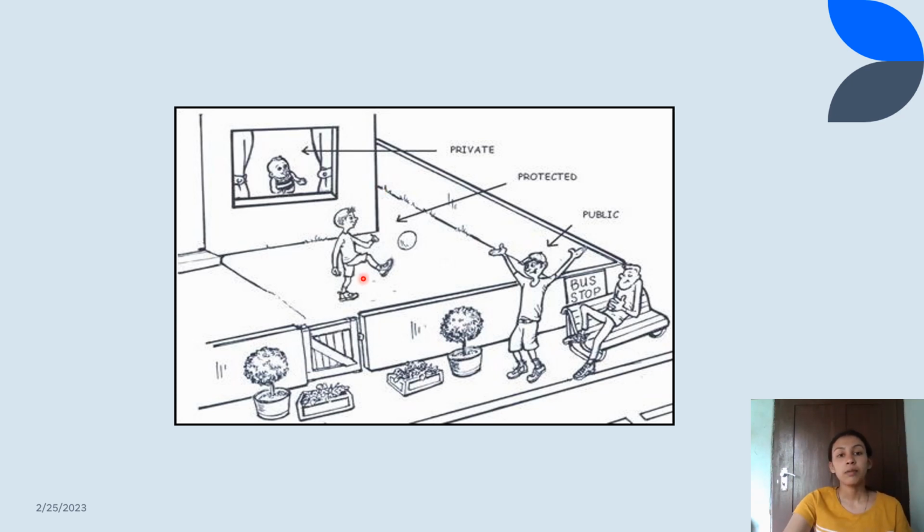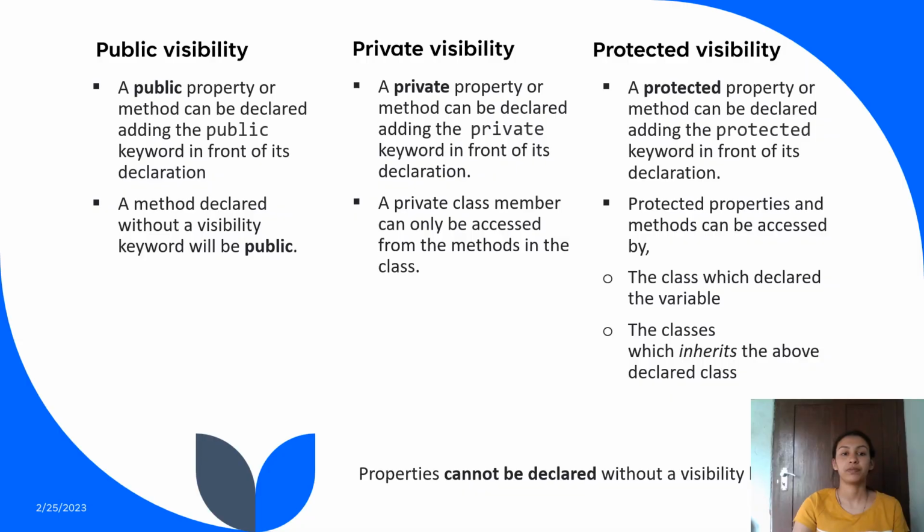So the same idea is implemented here also. That child belongs to the class, and its visibility is also limited, but not the same as the private variable.